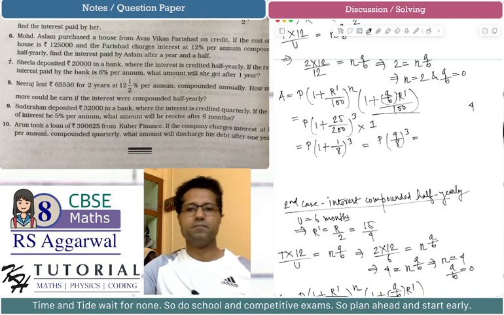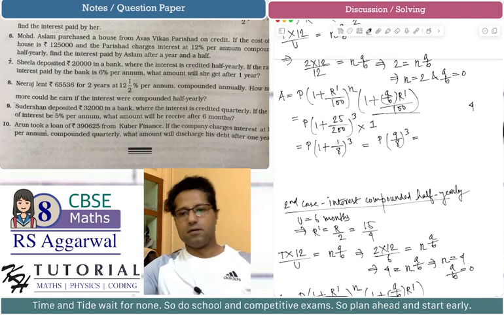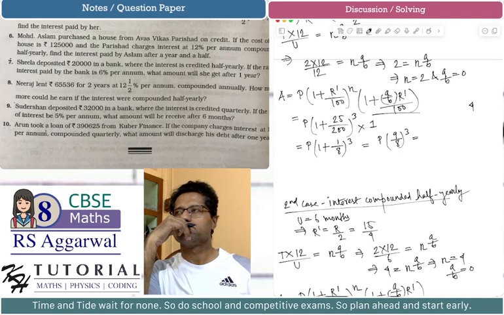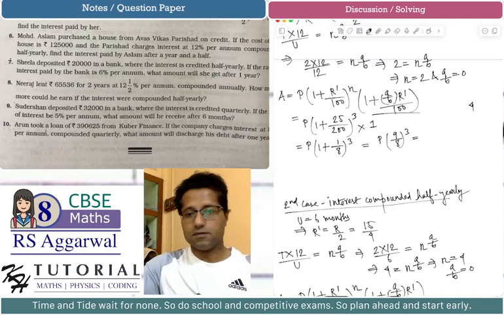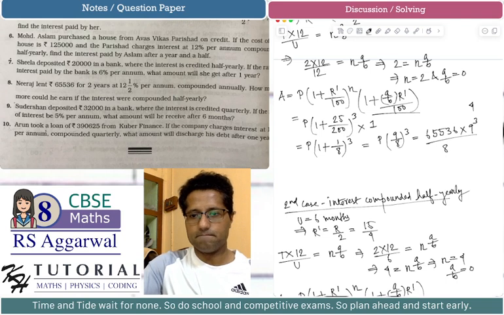So this is P, 65,536, multiplied by 9 cubed divided by 8 multiplied by 8 multiplied by 8.